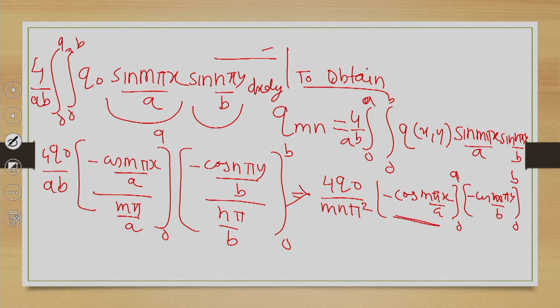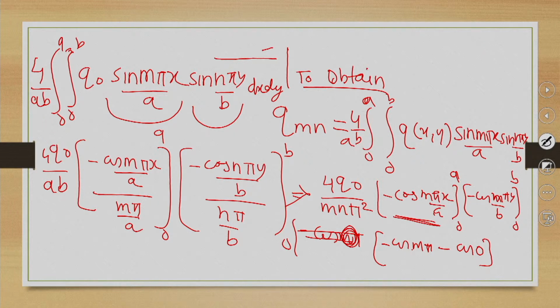Then what is that? Put A, so A gets canceled out, cos minus m pi. Lower limit minus upper limit, or you first put 0: cos m pi only, and then cos 0.